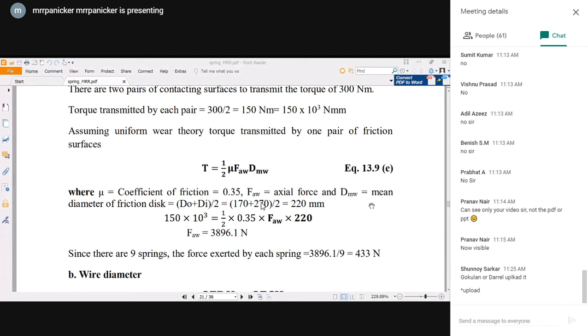In that case, either you can use the graph, sometimes you will get the value. But it is better to use this 0.15 Y max.